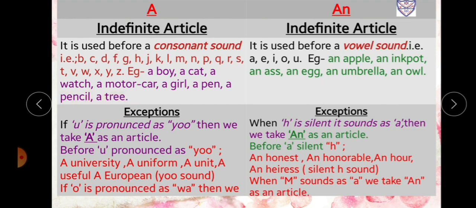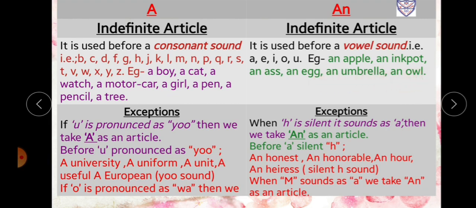So, a we will use only with the consonant sound, that is B, C, D, F, G, H, J, K, L, M, N, P, Q, R, S, T, V, W, X, Y and Z. Whereas an is used before a vowel sound, that is A, E, I, O and U. For example, an apple, an ink pot, an S, an egg, an umbrella, an owl.